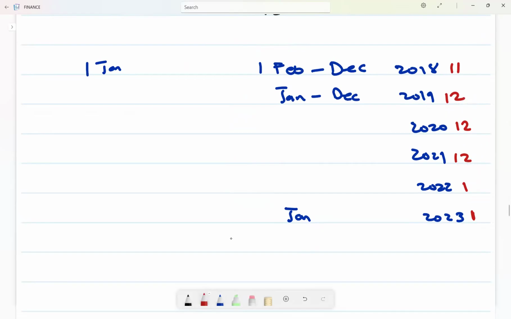It is 60, which is 5 times 12. But now he decided to start paying in January. When he paid in January, can you agree with me that this is now 12? Instead of the normal 60, it is 12, 12, 12, 12, 12, which is 60, plus 1, which is now 61. So hence we are saying plus 1, guys.